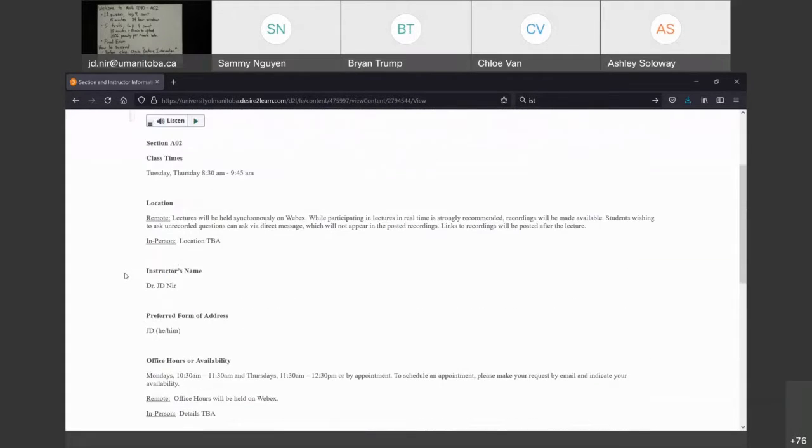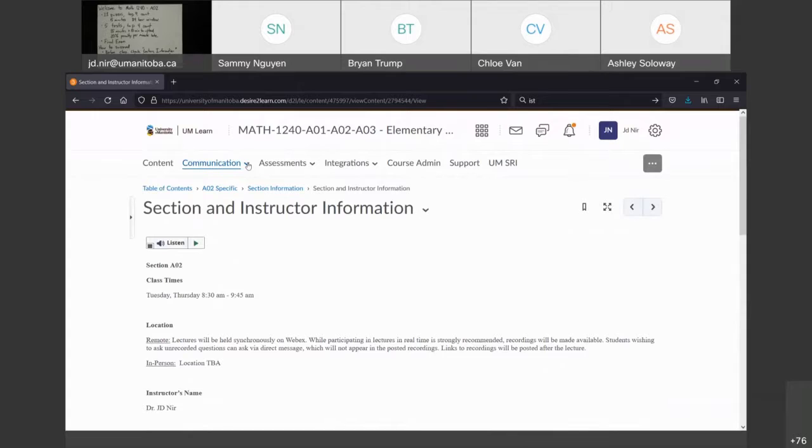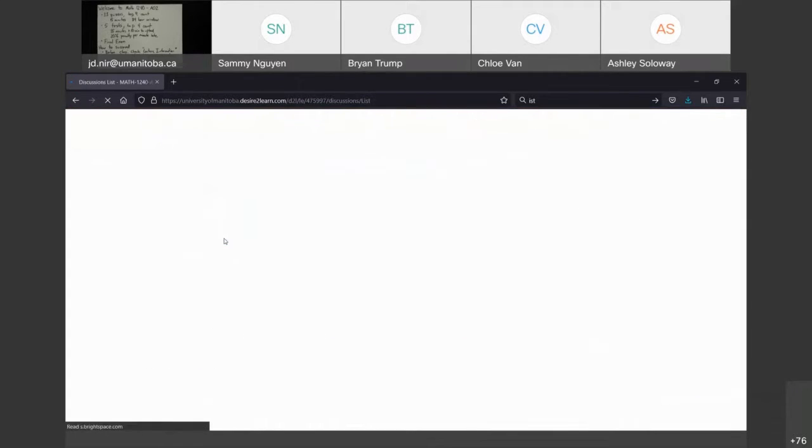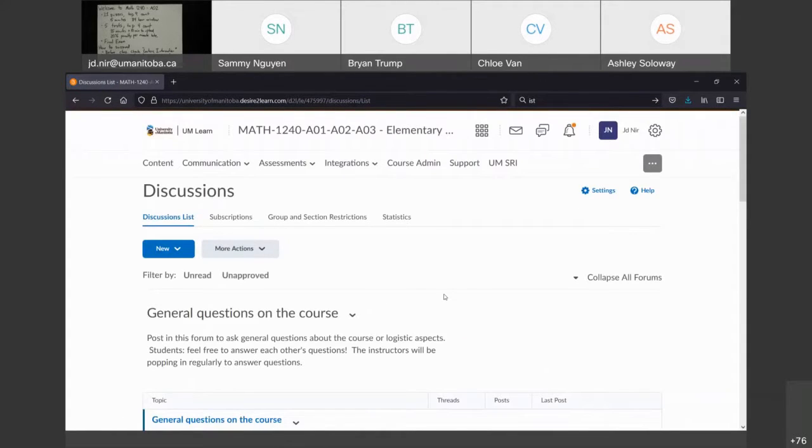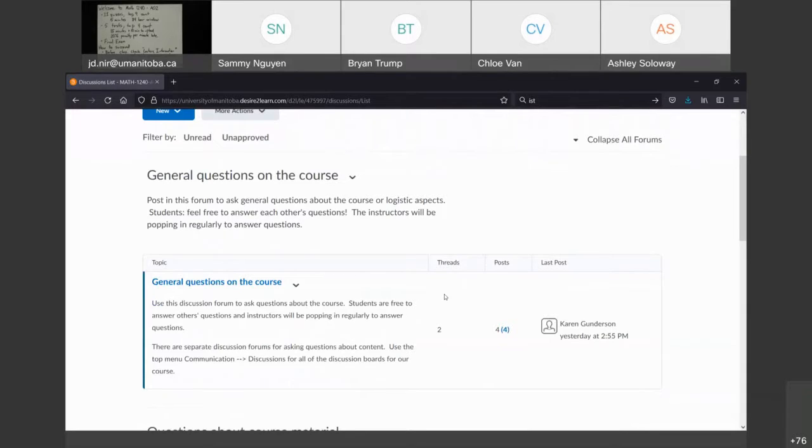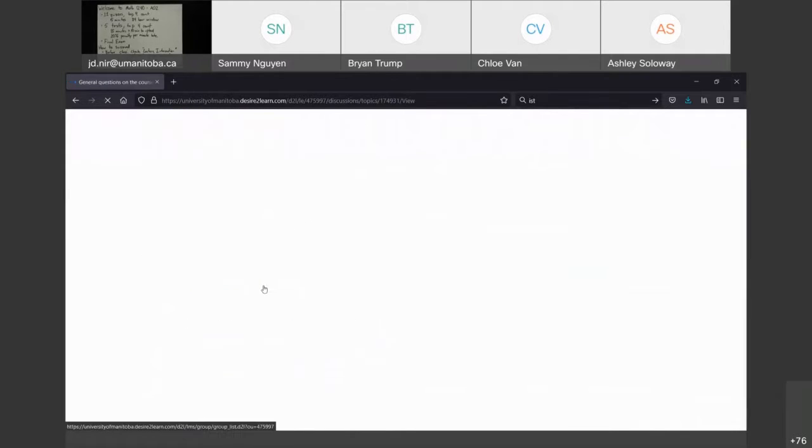The other place is under the communications tab in discussions. We are going to be using the discussions forum pretty heavily in this class. If you email me a question, I'm going to post it in discussions and answer it here.